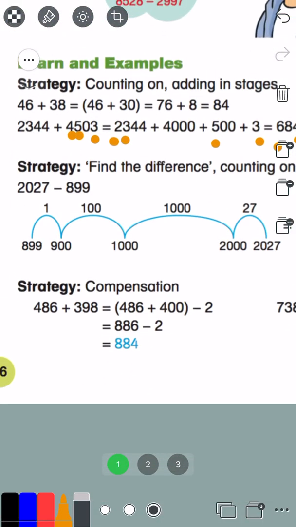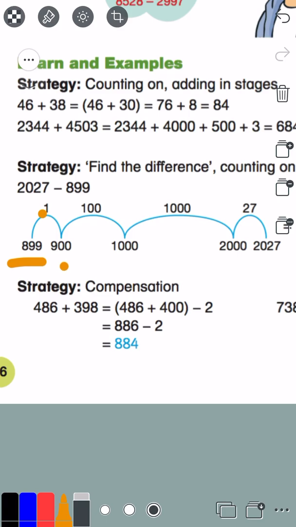Another strategy is to find the difference. We're gonna count on from the smaller number in steps, or in smaller chunks, until we reach the bigger number. It's called finding the difference and counting on. So from 899, we need 1 to make it 900.